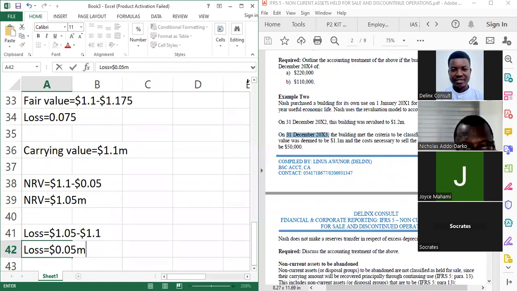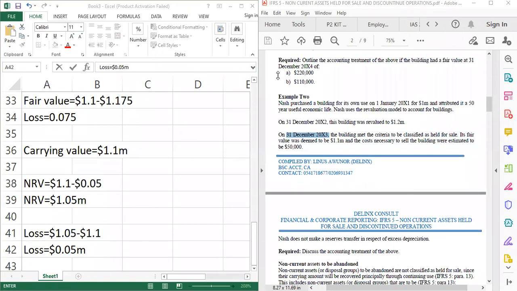What's the total loss on the assets now?